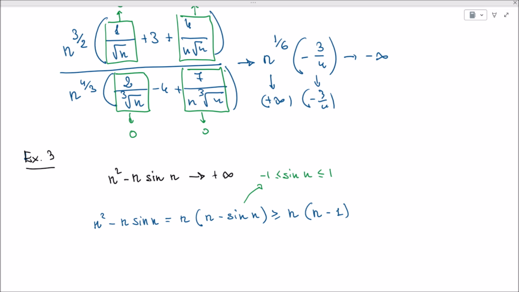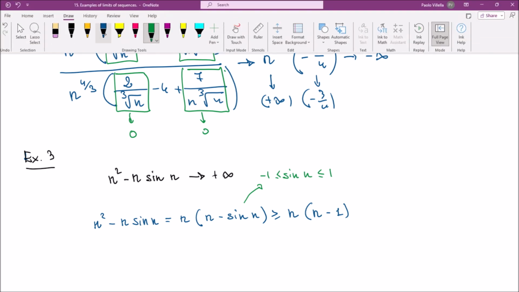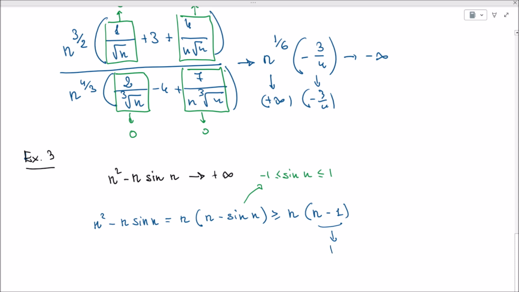So the worst thing that can happen is that sine of n is going to be 1. But this term on the right hand side, of course this will go to plus infinity. This will go to plus infinity, so clearly this term on the right hand side will go to plus infinity, which will push by the squeeze theorem this term to plus infinity as well.